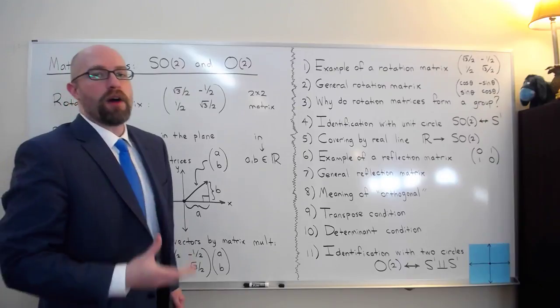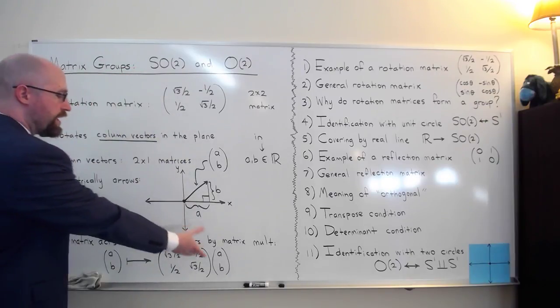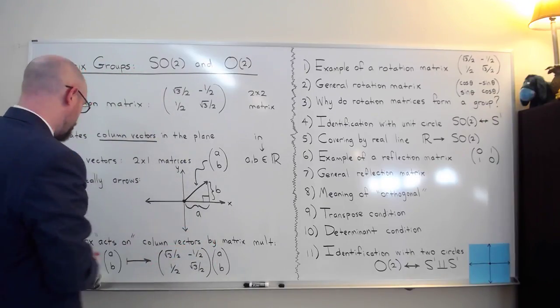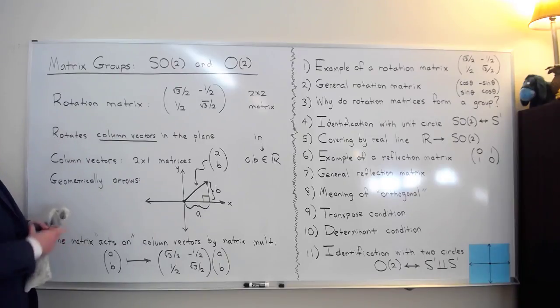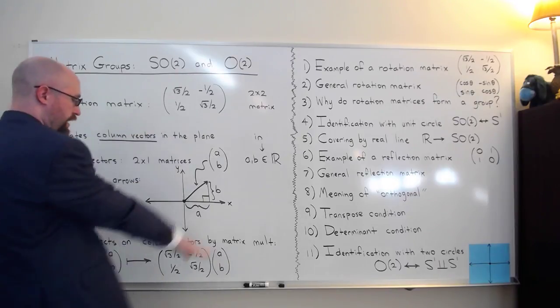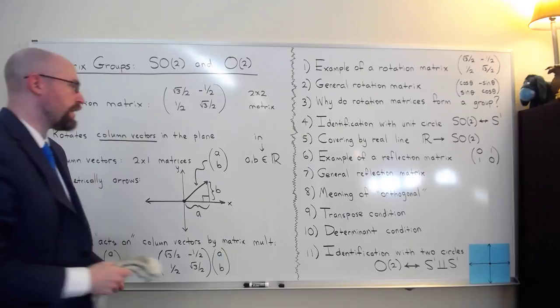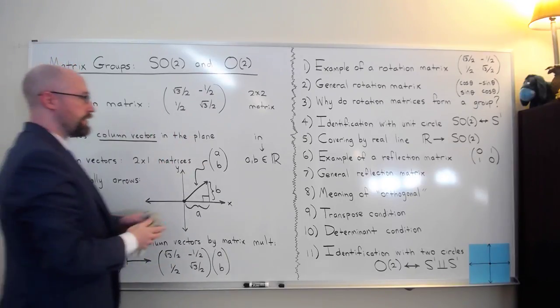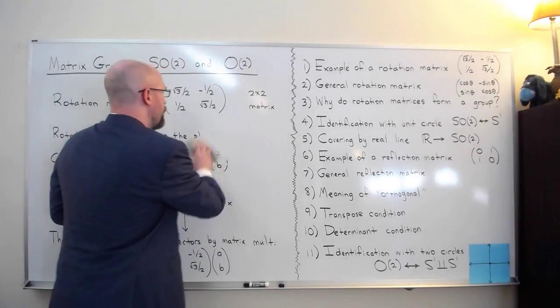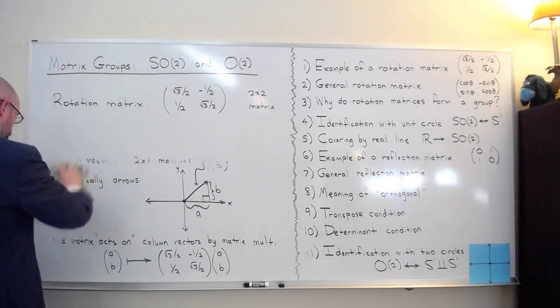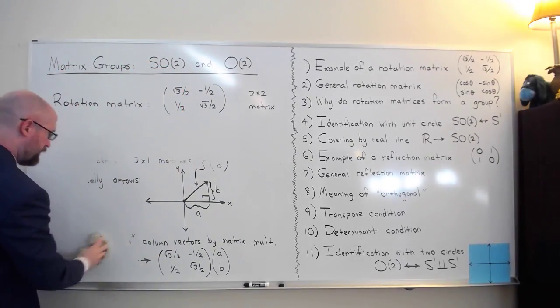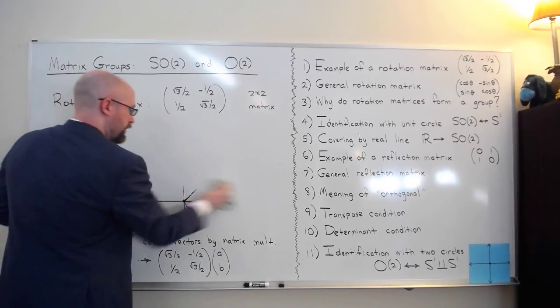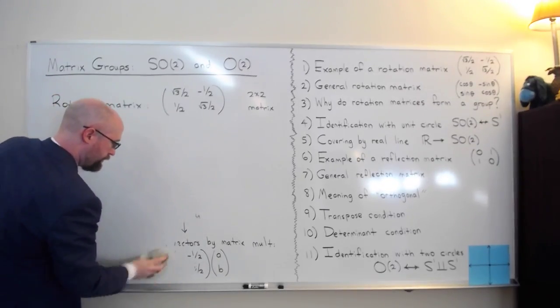Now, in this video, I'm not going to prove anything. I'm just going to pick a few vectors and show you how it actually works. So I'm going to clear off all of this stuff down here. I've been talking about column vectors, and then we're just going to choose a few particular column vectors and see what happens to them when you multiply by that matrix. So let me clear this off.